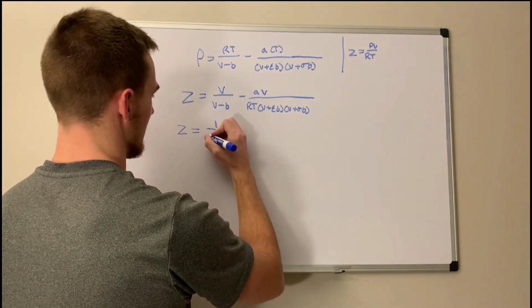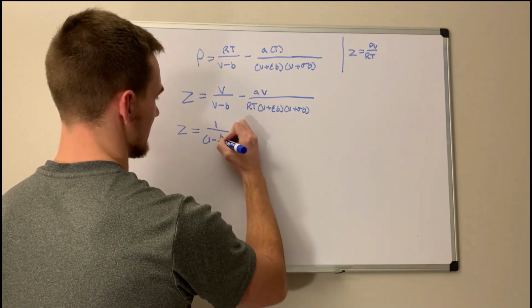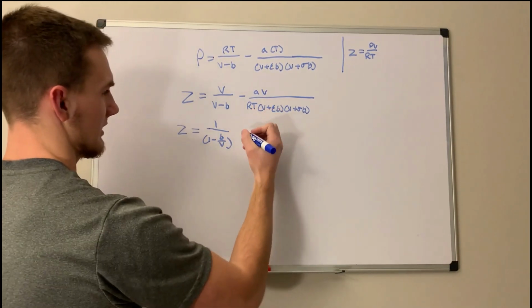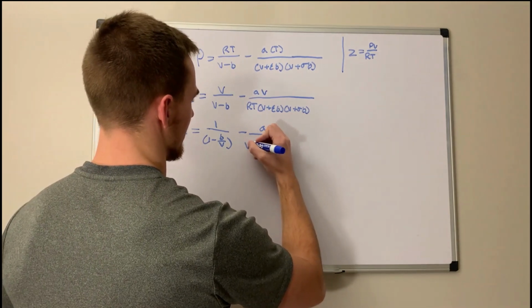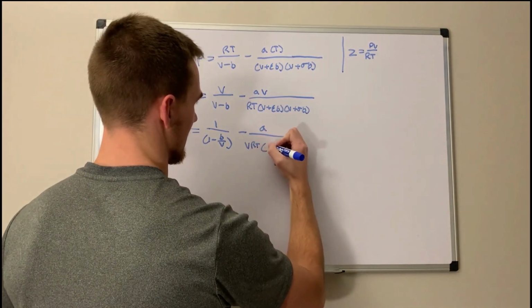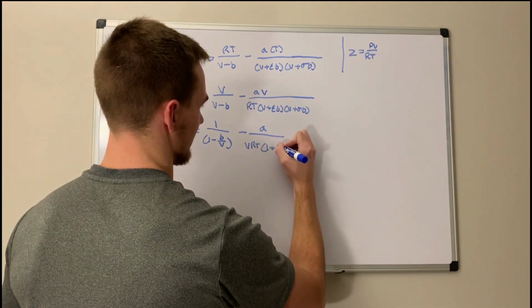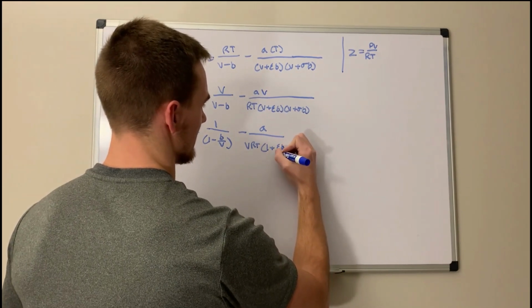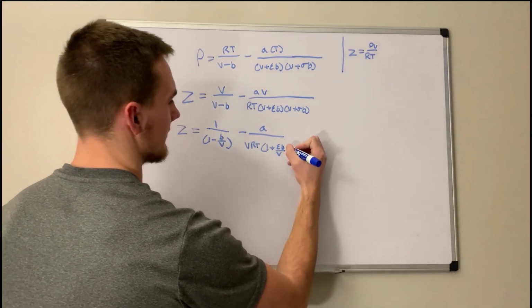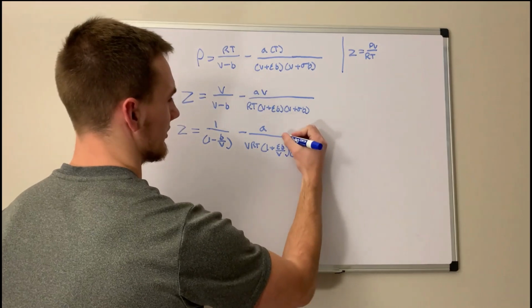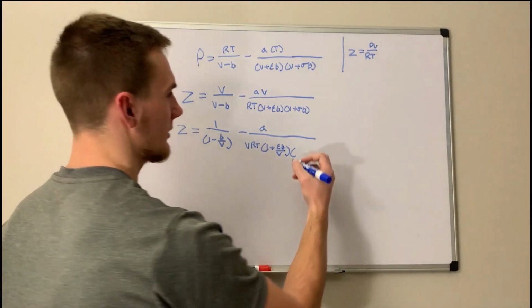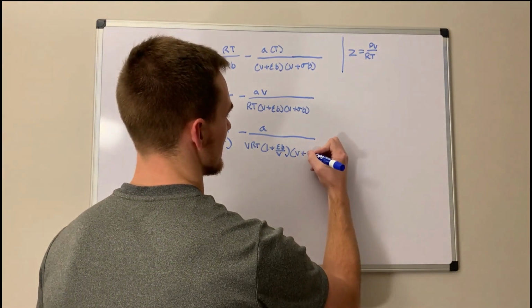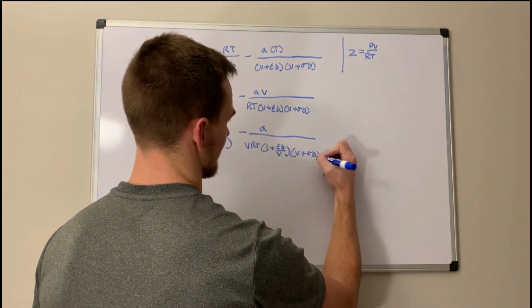So we'll have 1 minus B over V. And then that will leave us with A over V RT times 1 plus epsilon B over V, again dividing by V, but since we only have one V term here to divide by in the denominator, that will leave us with V plus sigma B.